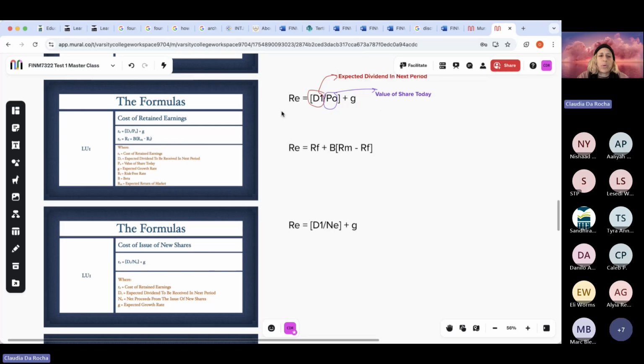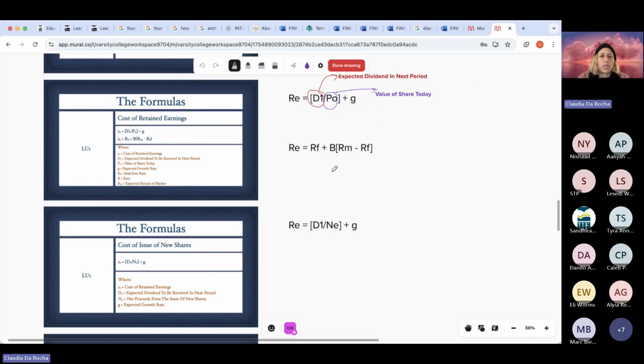And then we have our growth percentage or expected growth rate.